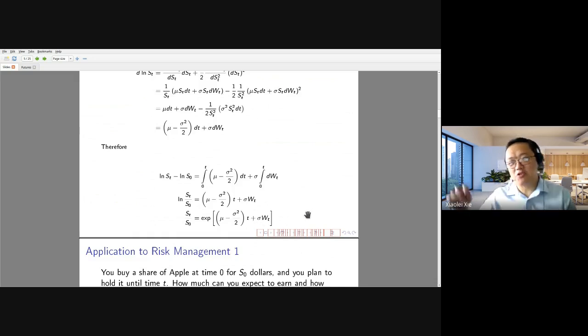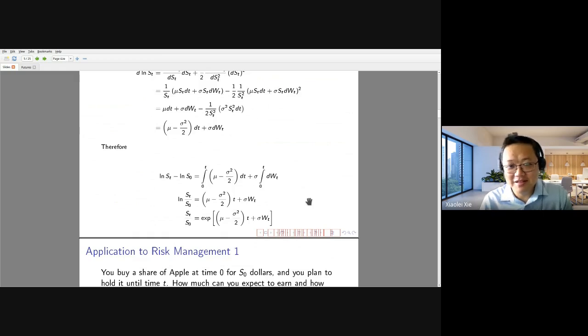And how much the price will fluctuate is then determined by the parameter sigma, which is called the volatility. Okay, so now we have an expression that allows us to forecast future stock prices.